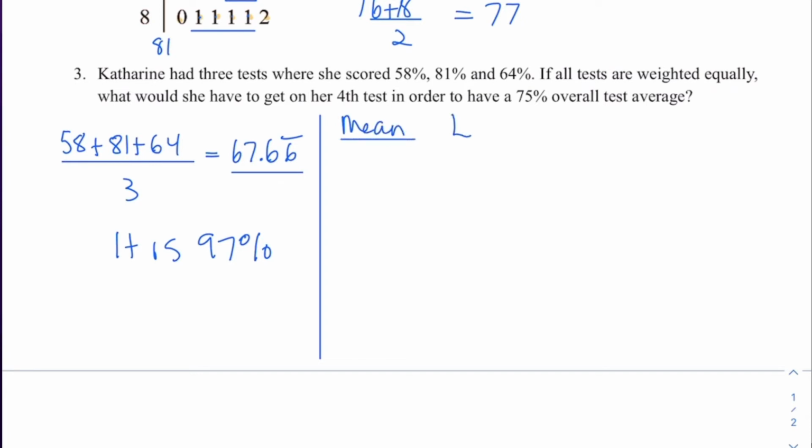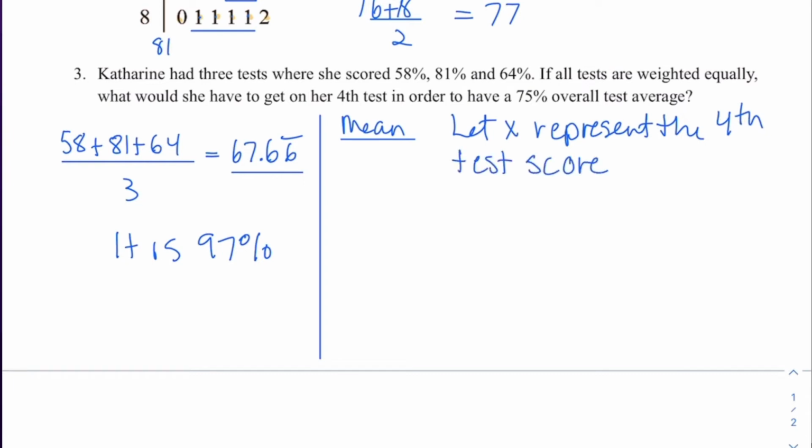So what you're going to do is let X represent the fourth test score. And then you are going to add up all 4 tests, you divide by 4, and you want your mean value to be 75.